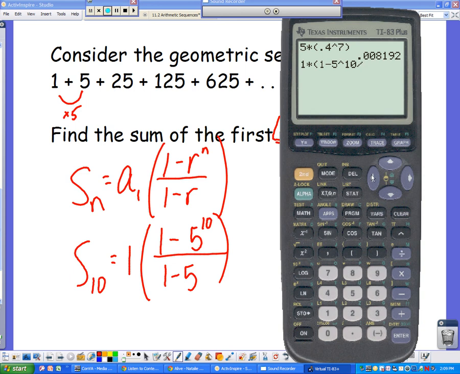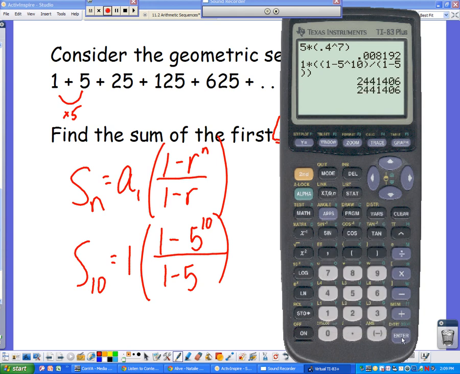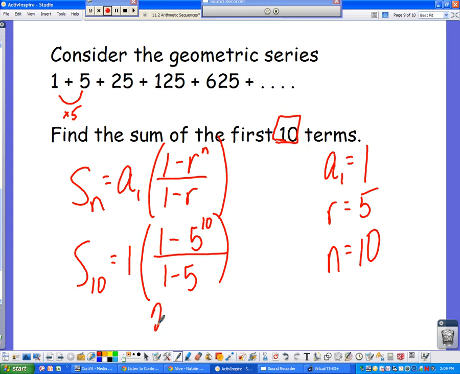It's a really good idea to make sure the calculator knows it needs to find that number and divide those first. So let's add another set of parentheses in here. And I think we've got enough. So you hit enter, and you find out your answer is 2,441,406. Okay? So go ahead and try the last one.